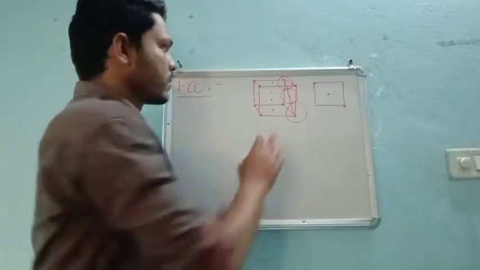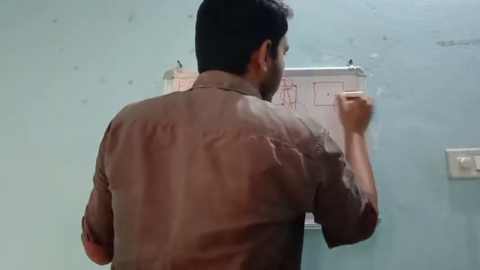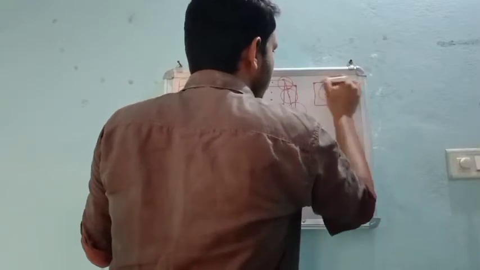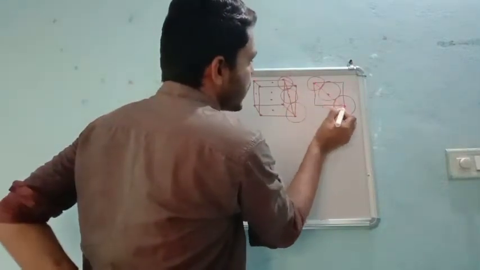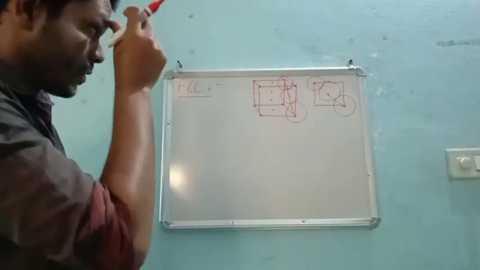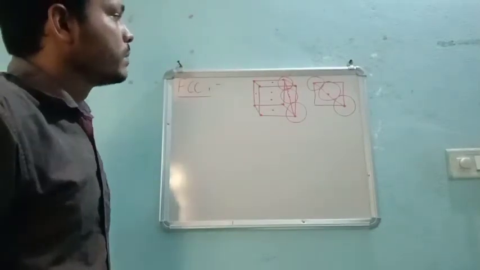So this is the imaginary diagram, right? So now one atom, one more constituent particle, and this one. Now you can draw an imaginary line diagram.